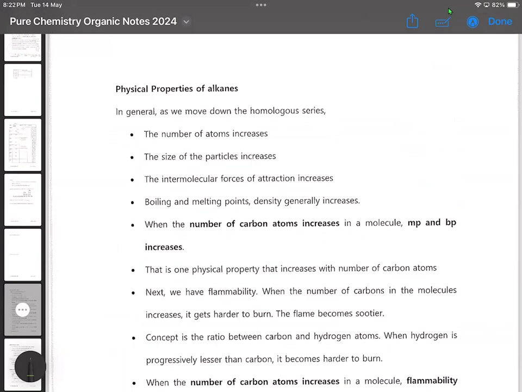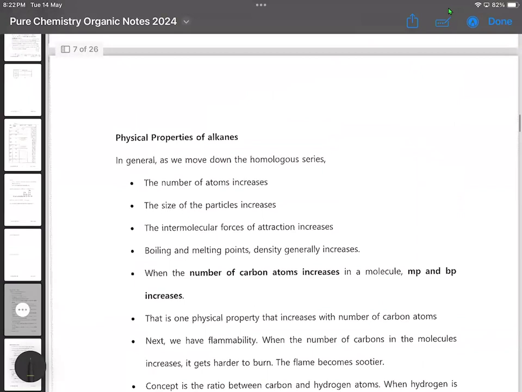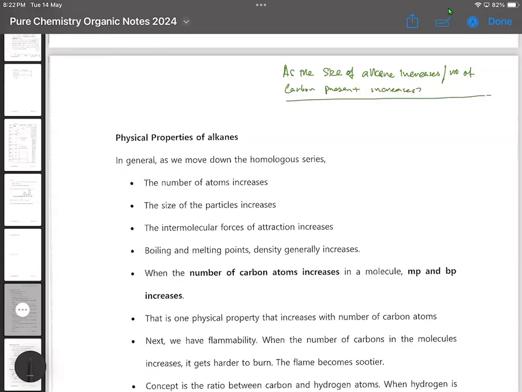That's within your, I'll say it's the trend. There's a wall of text here, so I can roughly give you this. As the size of the alkane increases, or the number of carbon present increases, both are the same thing, there are three trends.